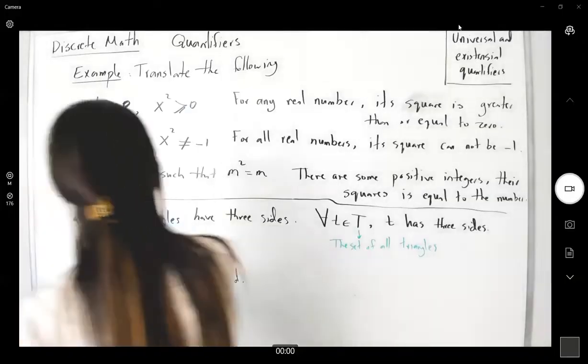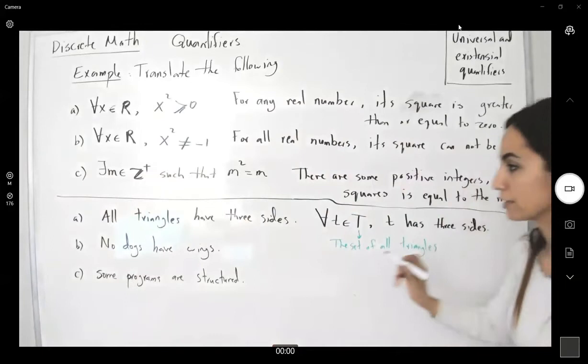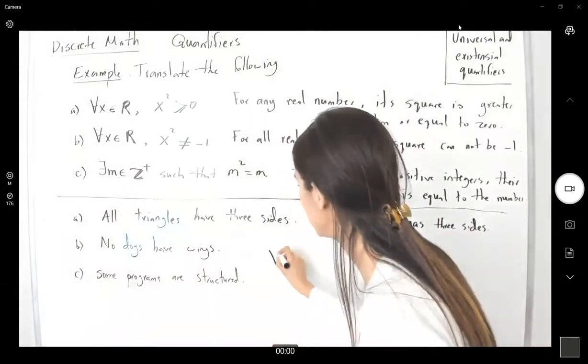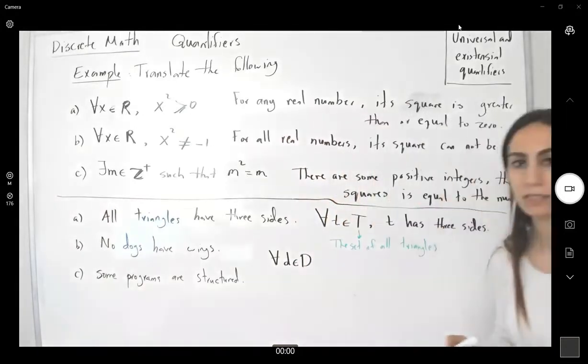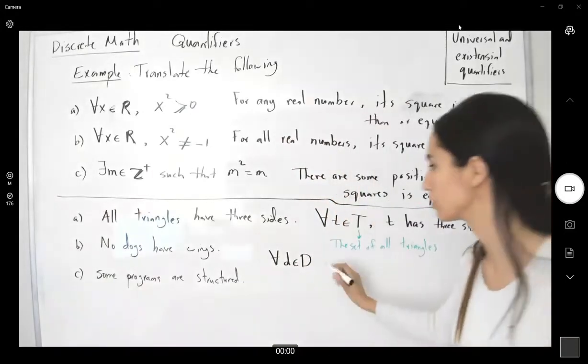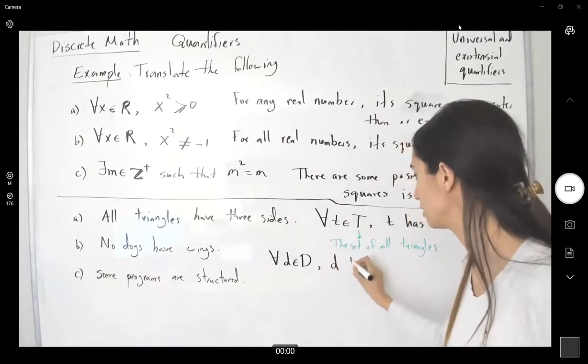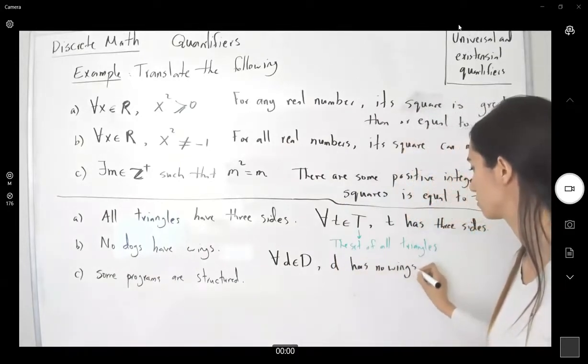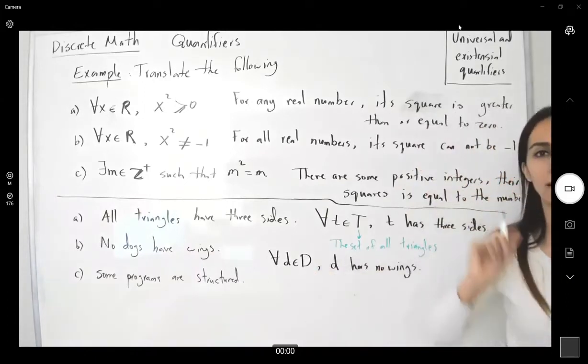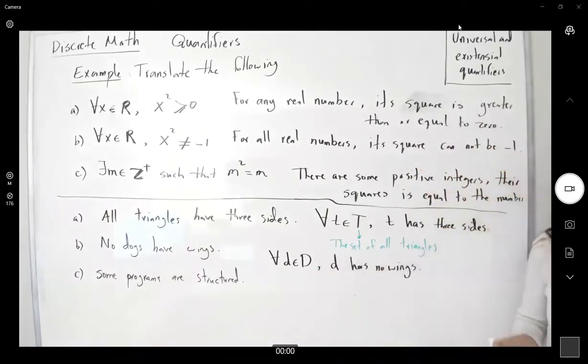So this is a universal statement. You can write that as for any dog in the set of dogs, D representing the set of all dogs, D has no wings. If I take any random dog, of course that dog doesn't have wings.